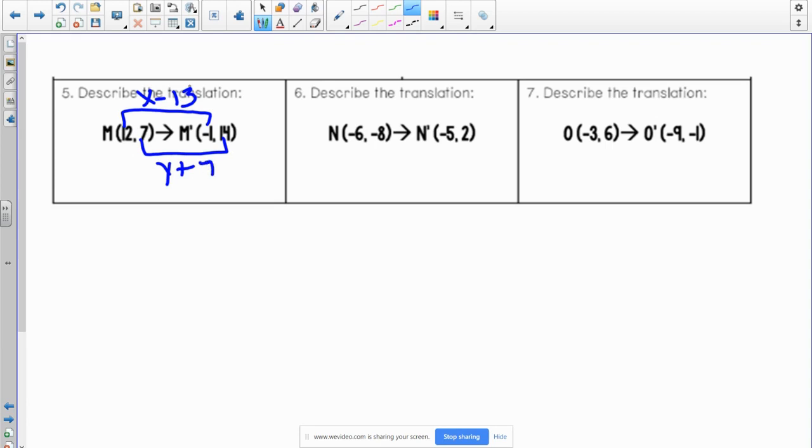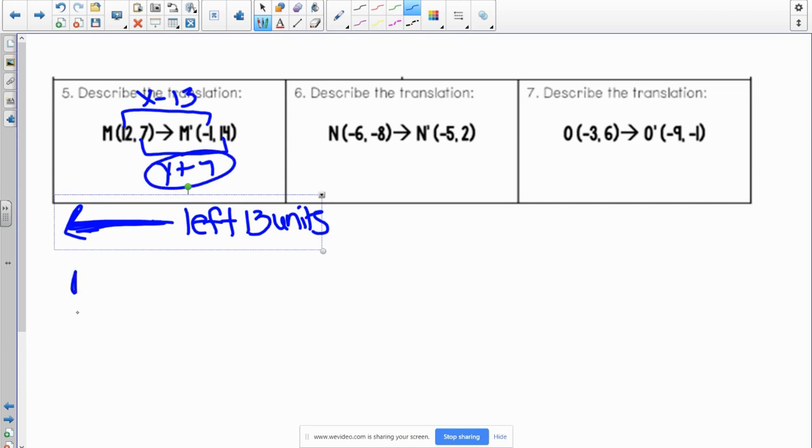So how to describe that? You start always with the x. The x is going this way, and since I'm subtracting, I'm going to the left. So left 13 units. And the y's go up and down, but I'm going positive, so it's up 7 units. Okay, look at the next one.